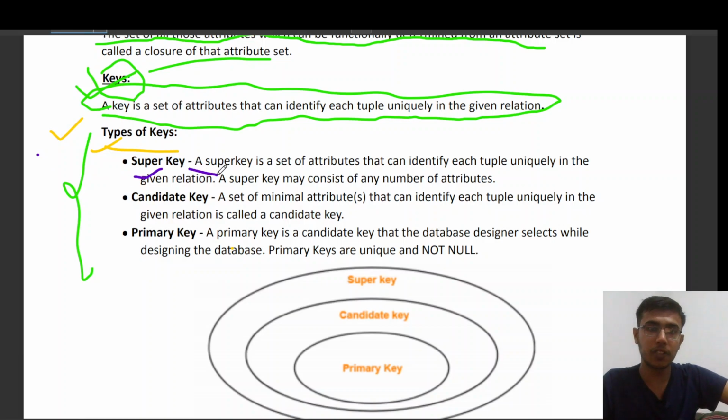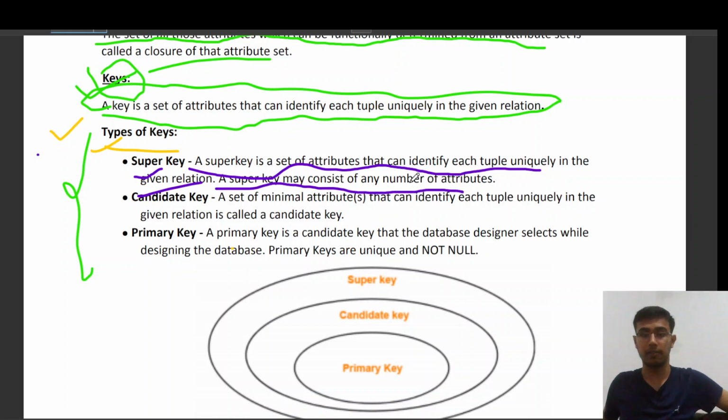Super key. A super key is a set of attributes that can identify each tuple uniquely in the given relation. A super key may consist of a number of attributes, right?